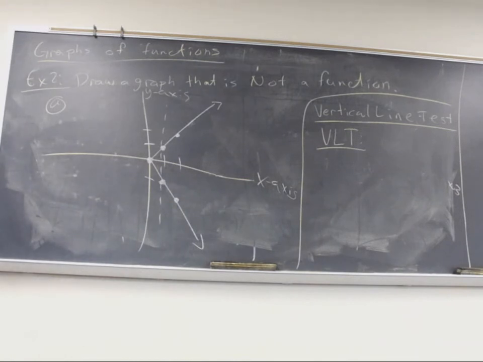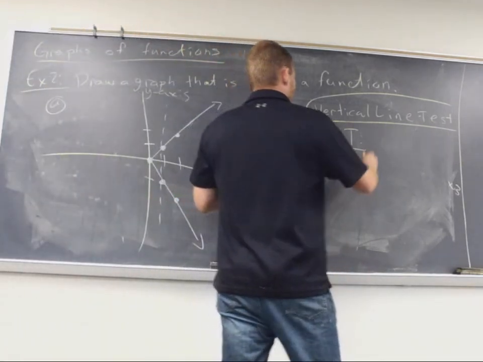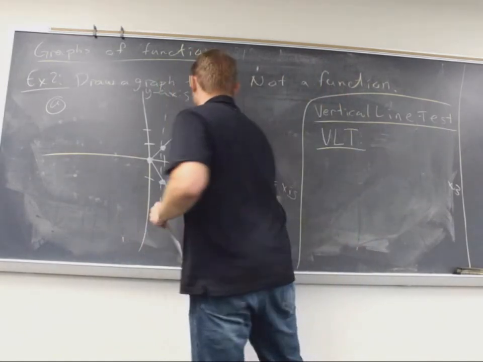All right, let's look at an example of this. Actually, I'm going to write it down first, what I'm saying. If, let's use white so it kind of stands out.